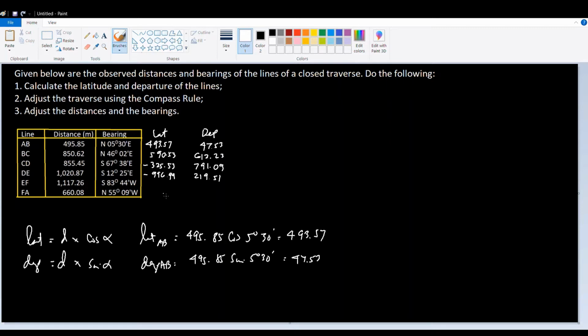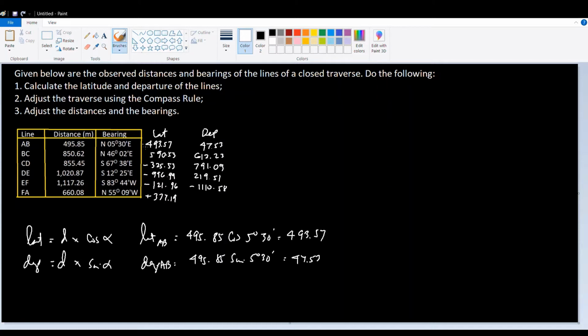Then for line EF, the latitude will be negative because it is in a southerly direction, 121.96. It is in the west direction, so the departure should be negative 1110.58. Finally, the latitude of line FA, being north, is positive 377.19.